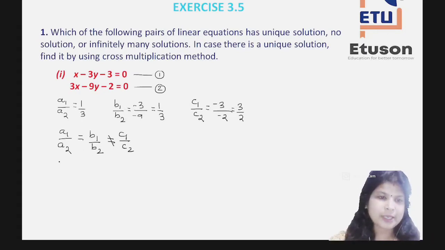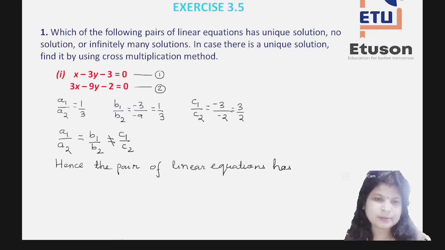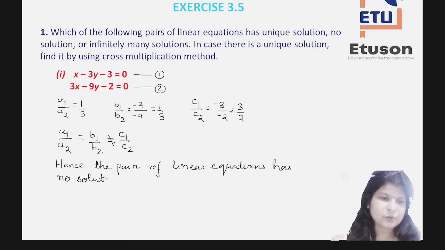So hence the pair of linear equations has no solution, right? It has no solution because this is the condition for an inconsistent solution, or the lines are parallel.